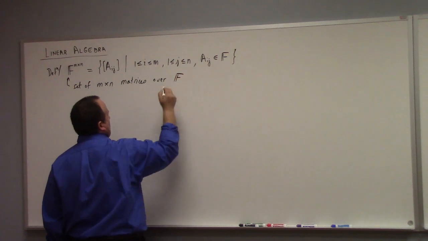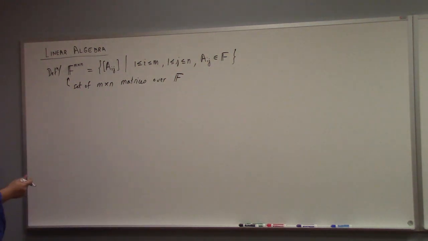And so here, the field, typically we have in mind either the reals or the complexes, but of course you could use any other field that you want and still reasonably talk about this object. This object is itself a vector space.